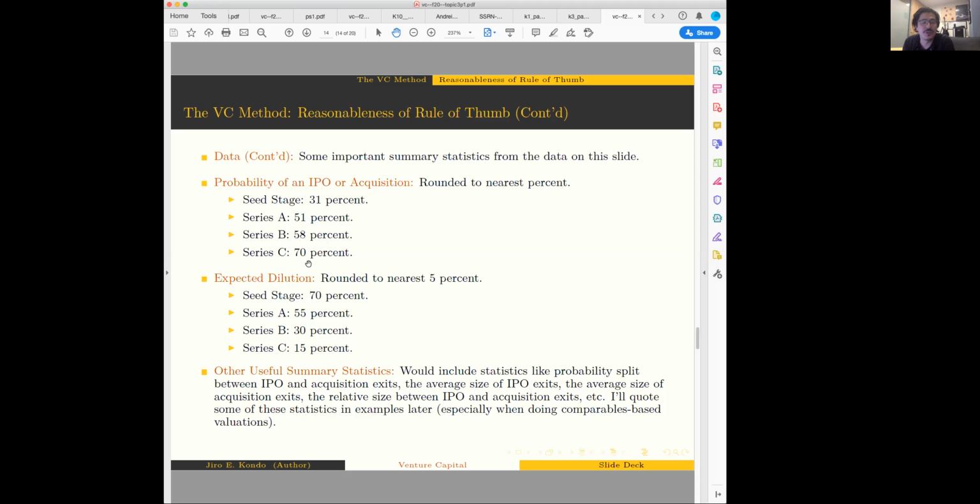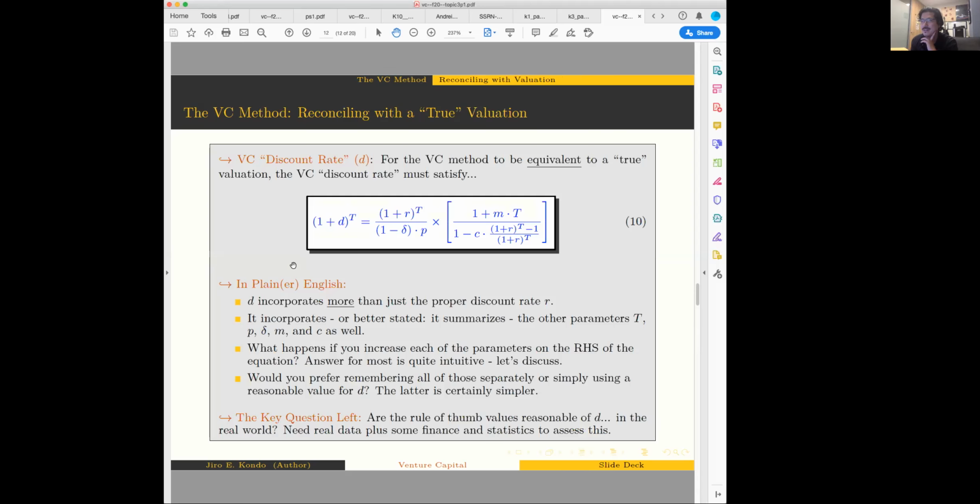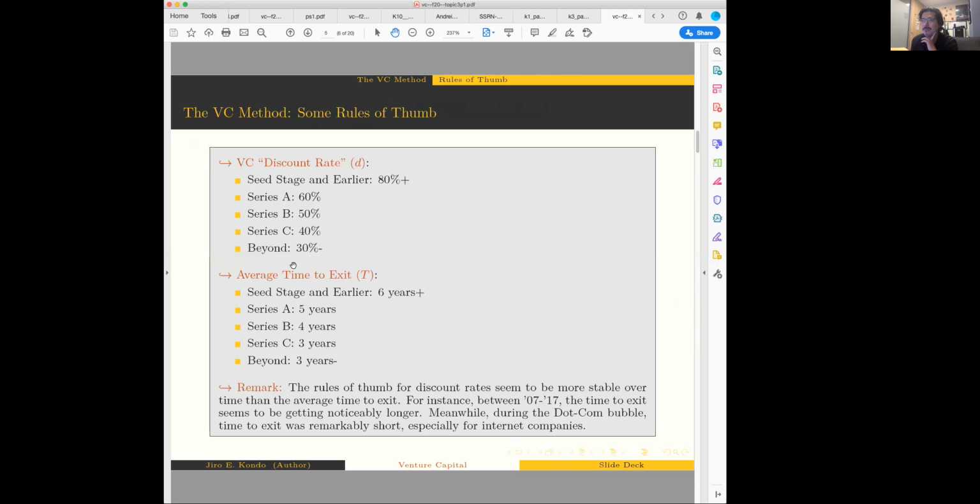What about expected future dilution? Expected future dilution, I rounded to the nearest 5%. For a seed stage, expected future dilution is 70%. Series A, 55, Series B, 30, Series C, 15. Notice I've gotten these numbers broken down by round. The reason is I have the rule of thumb numbers broken down by round.